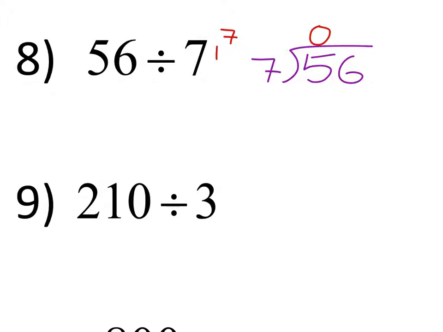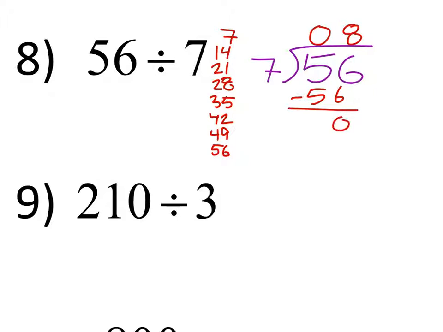Let's see. 7, 14, 21, 28, 35, 42, 49, 56. So that's 1, 2, 3, 4, 5, 6, 7, 8. 8 times. Now to really finish this off, I would take the 8 times the 7, which is 56, and subtract it to see if I have anything remaining. But for this one, I have 0 remaining. So the final answer is just 8.